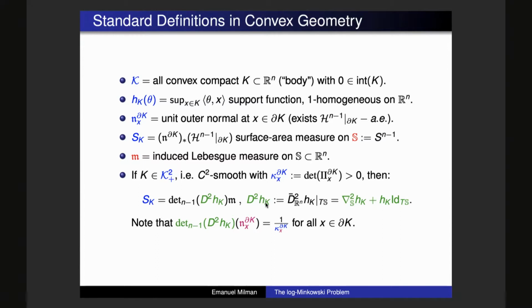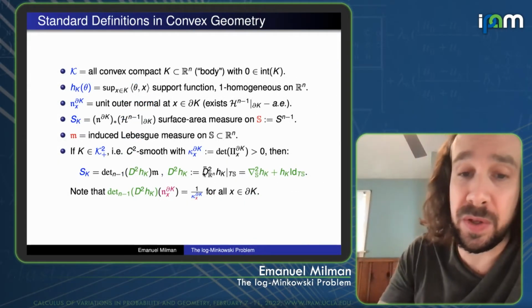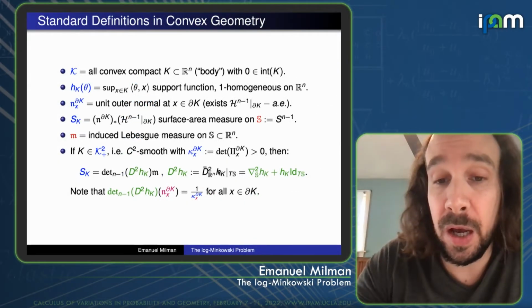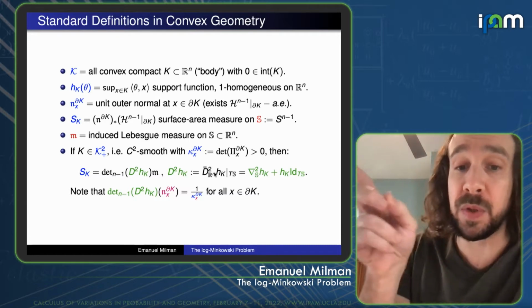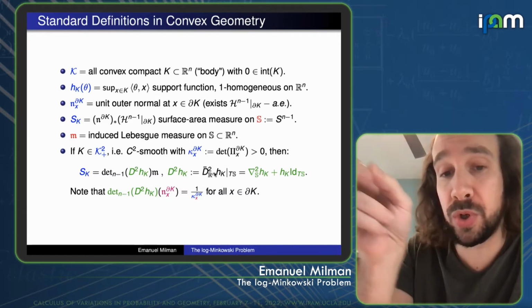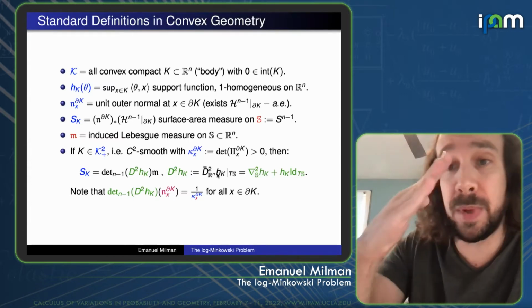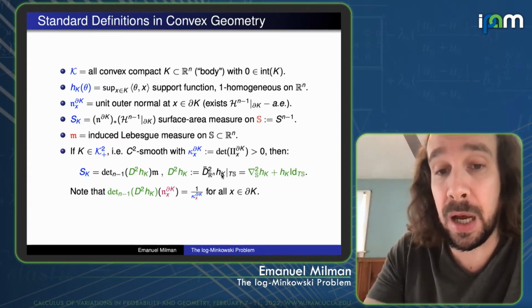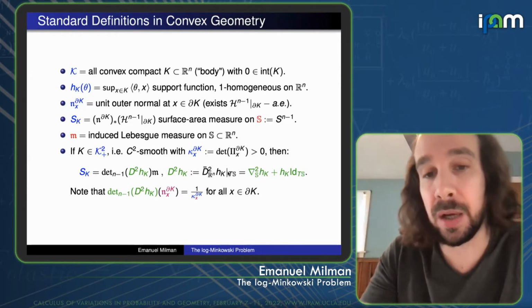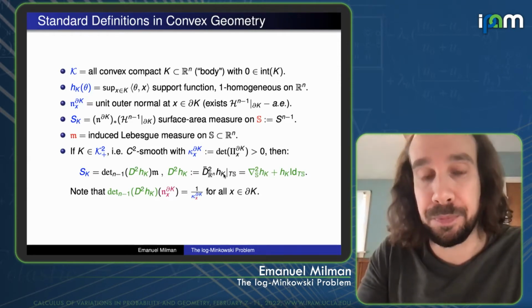So what is this? There are two equivalent ways to define it. So for instance, if you like taking derivatives using the flat connection on Rn, so this is just the usual second derivative in Rn, but remember the support function is one homogeneous. So in the radial direction, the second derivative is of course 0. So you want to be perpendicular to those trivial directions. So you just restrict to the tangent space of the sphere.